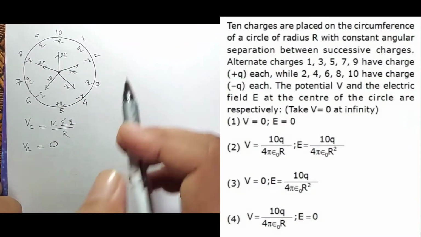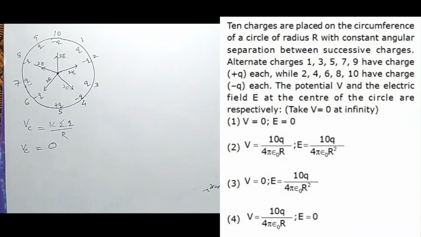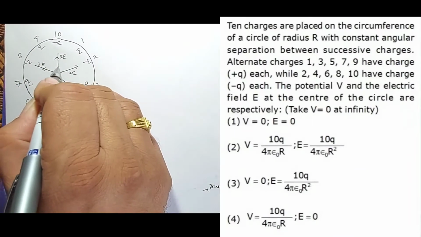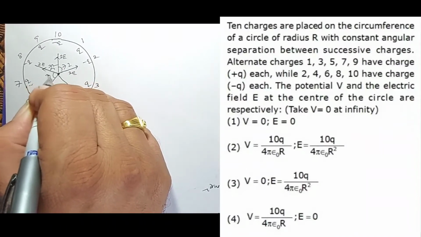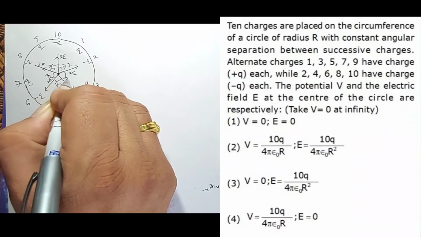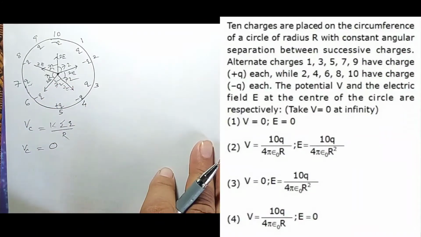So these are 5 equal electric field vectors with equal angular separation. The angle between them is 72 degrees, this is also 72 and this is 72.